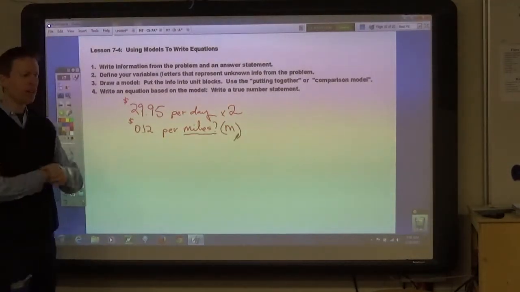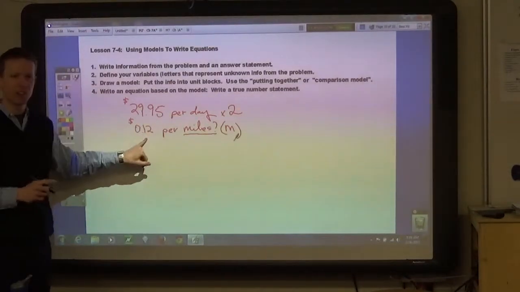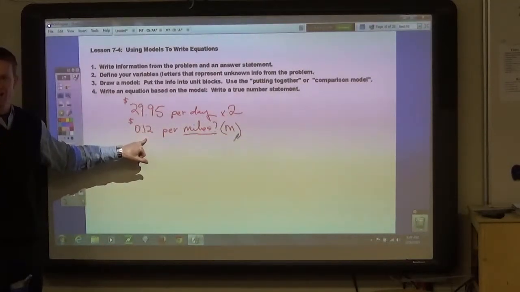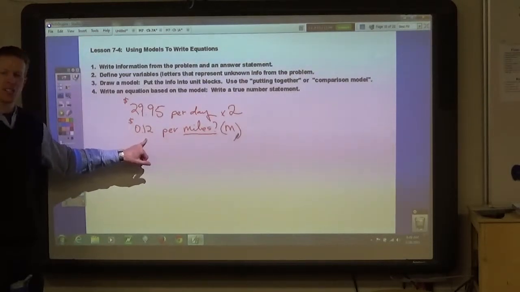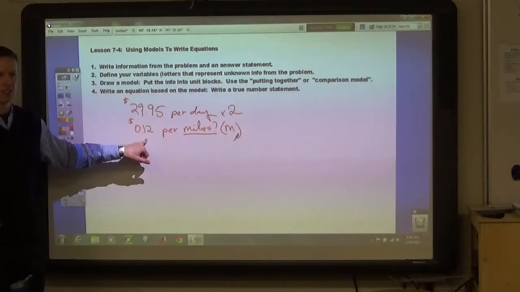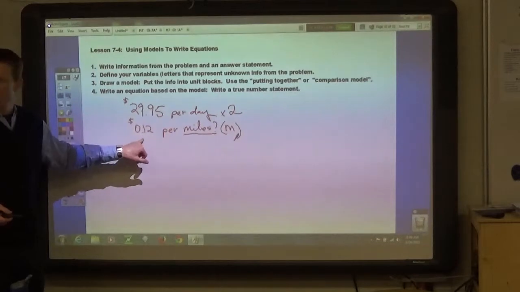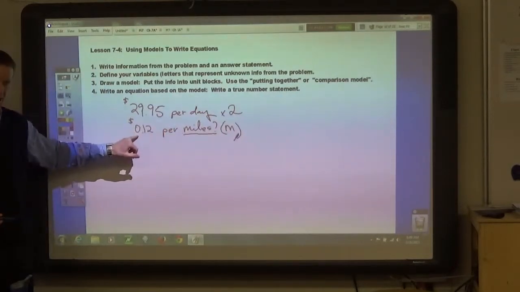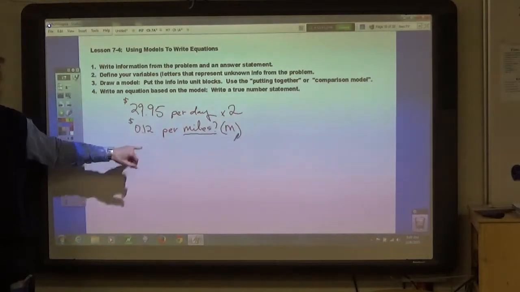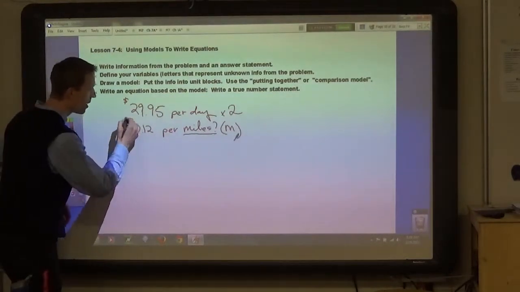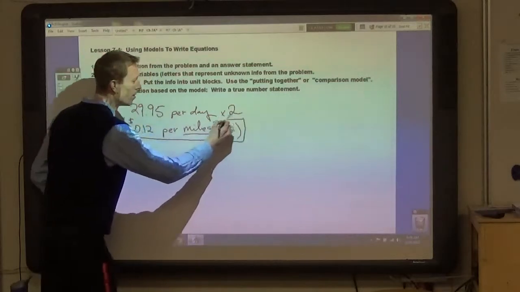Now, if she went 1 mile, it would be 12 cents. 2 miles, 24 cents. 3 miles, 36 cents. What operation is that? If it's repeated addition, it's also the number of miles times 12 cents, right? So, what expression can we write for this then?